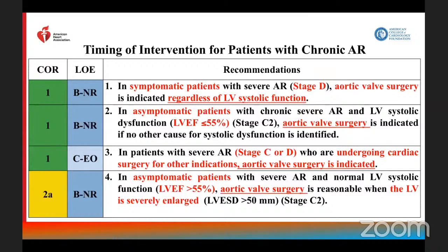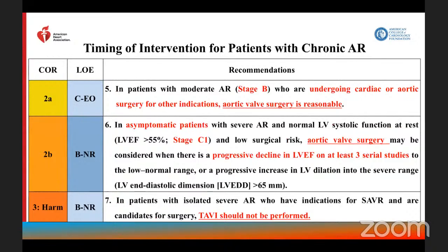In an asymptomatic patient with severe aortic regurg and normal left ventricle ejection fraction, AVR is reasonable when the left ventricle is severely enlarged. If the end systolic diameter is more than 55, it's a class 2A level B. In patients with moderate aortic regurg, stage B, who are undergoing cardiac or aortic surgery for other indications, AVR is reasonable.